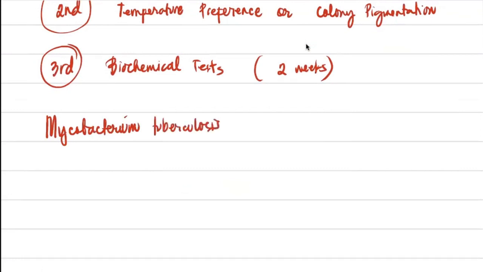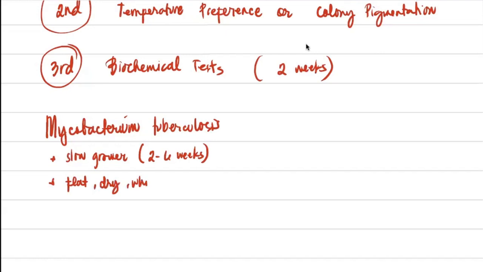Okay? So it is a slow grower, no? Mycobacterium tuberculosis is a slow grower na pwede siyang umabot ng 2 to 6 weeks, no, bago siya tumubo. Okay? And the organism will usually grow flat, dry, white and wrinkled colonies.